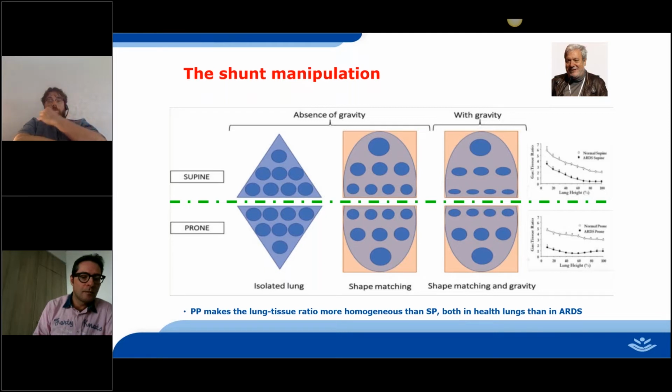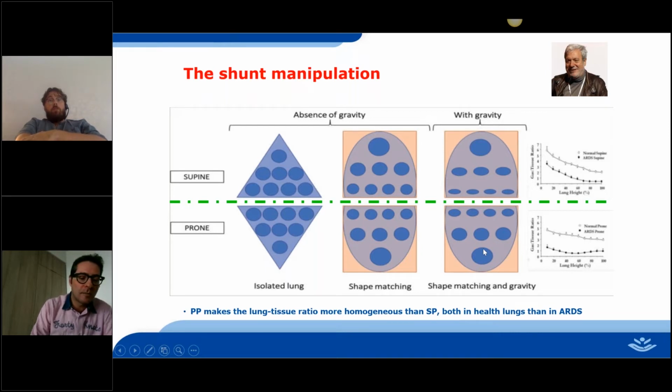And this is because in prone position the shape is matched, this part here, and the gravity forces act in opposite directions. The final result is a more homogeneous expansion of both ventral and dorsal regions. See how different it is here, the supine position, and here the prone position, for the non-dependent region and for the dependent region.